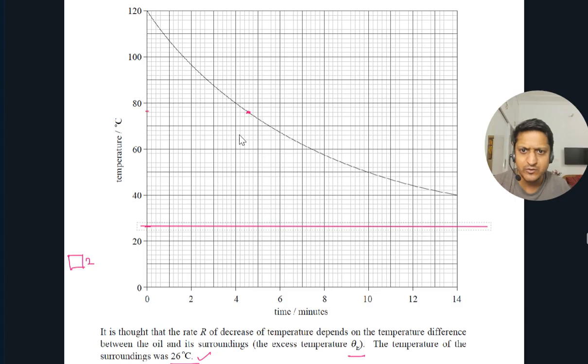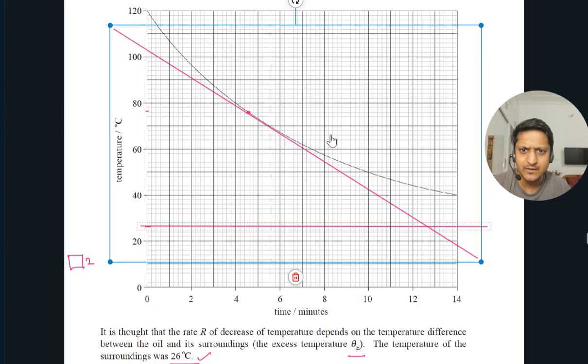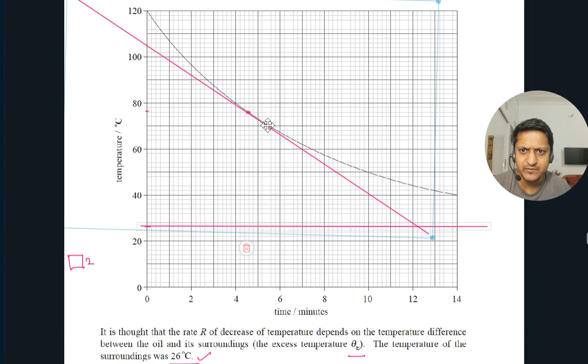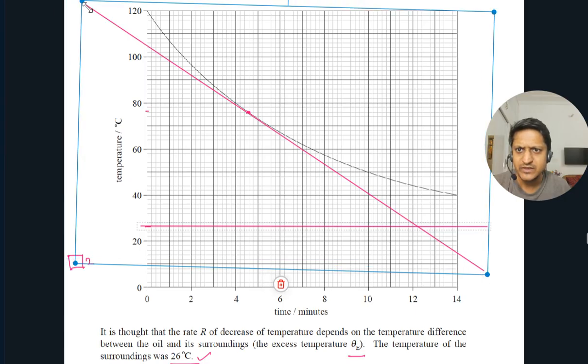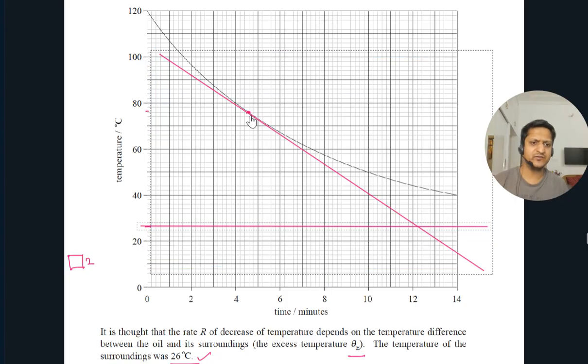Now we need to draw a tangent. Tangent would be like this. We can change it a little bit accordingly if we think that it is not up to mark. So this will be the tangent at 76.